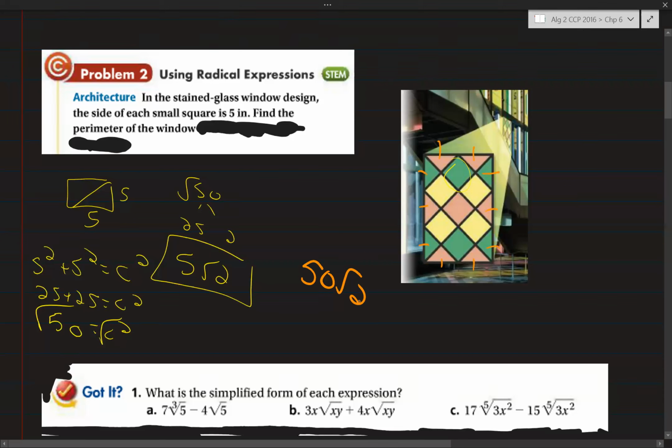If you truly want to use the equation, this is where it gets a little bit complicated. So I have 2 times the width, which is 2 times 5 root 2, plus I have 3 on the side, 3 times 5 root 2.